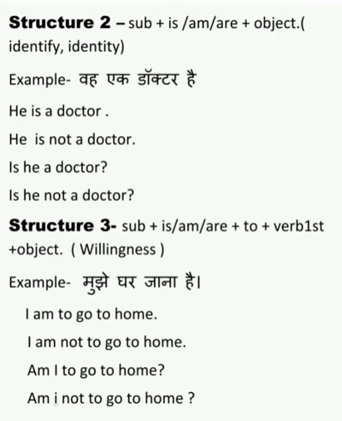It means when we are talking about someone or something and we are identifying them, or talking about their identity, just like we can say, वह एक डॉक्टर है, यह एक कार है, यह मेरा घर है, यह मेरा फ्रेंड है. Here is an example I've written, वह एक डॉक्टर है. Let me tell you how we use is, am, are.